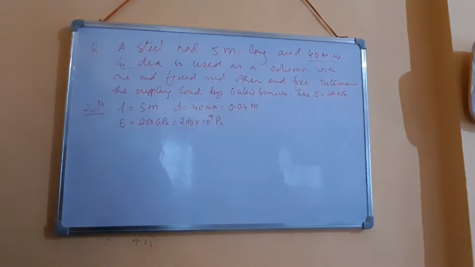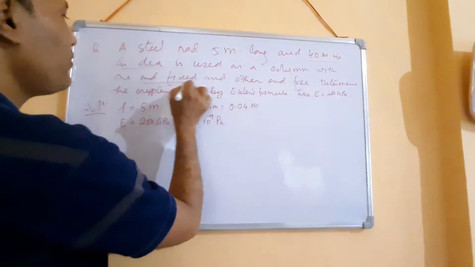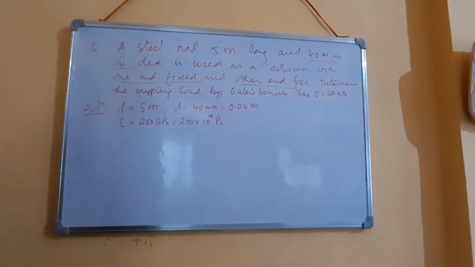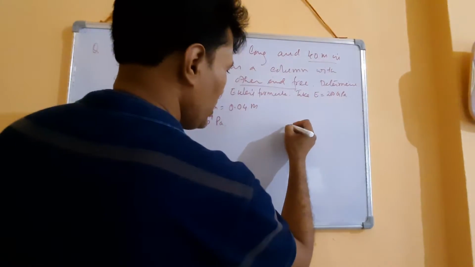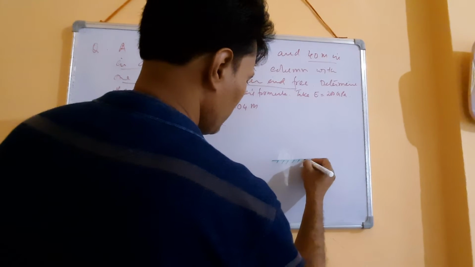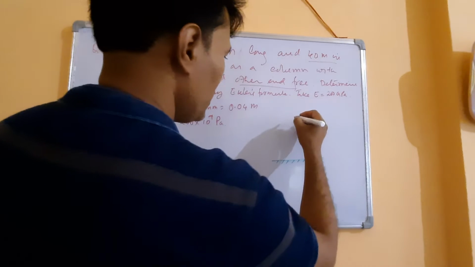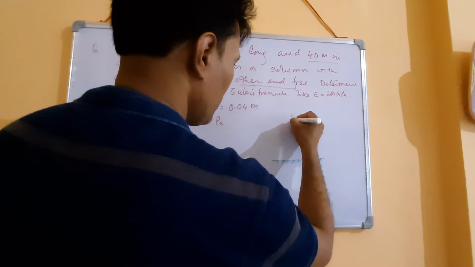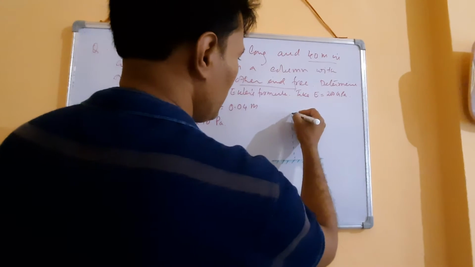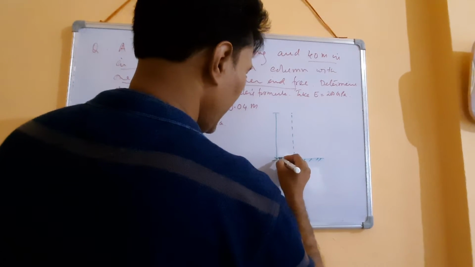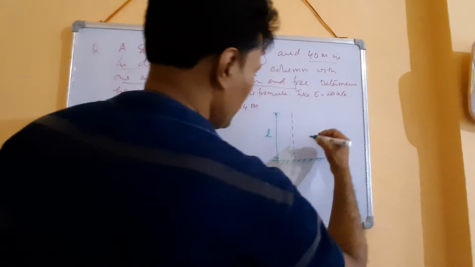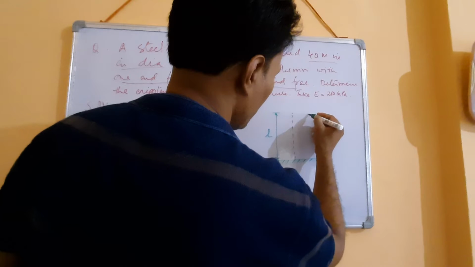Okay, and end condition is given, one end fixed and other end free. So let us draw this. This is our length L, and it is given one end fixed, other end free.